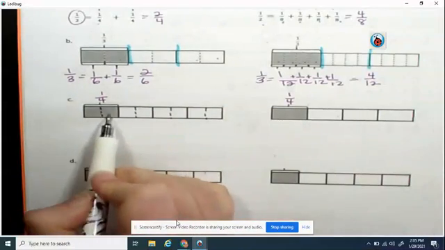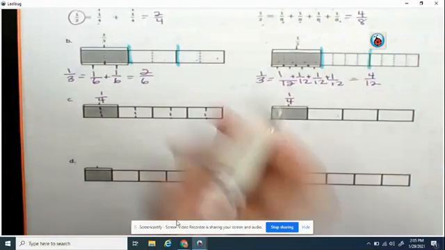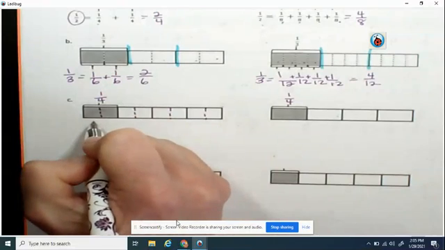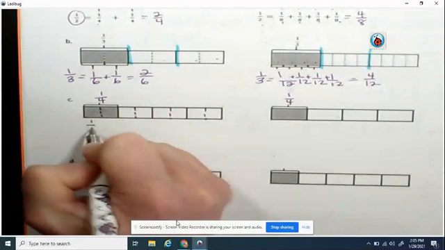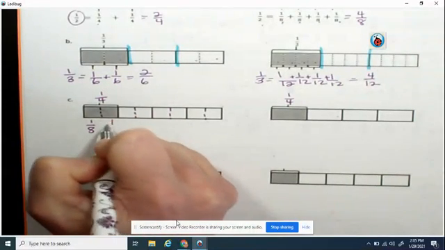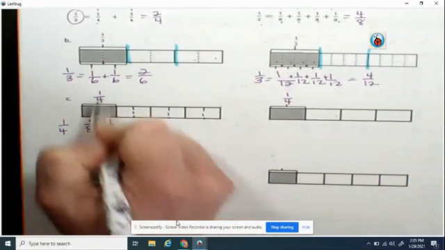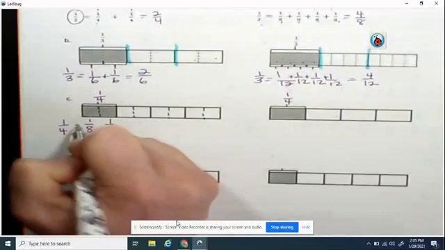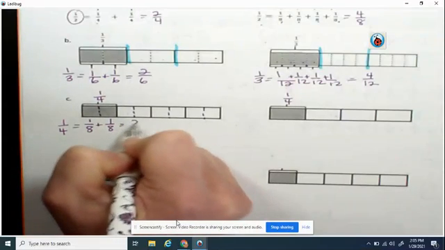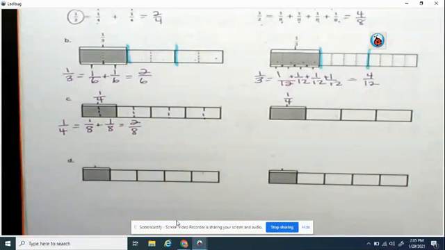We're gonna have 1, 2, 3, 4, 5, 6, 7, 8. So basically we just doubled the fourths, okay? So this would be 1/8, and this would be 1/8, okay? So 1/4 is equivalent to, or the same, this shaded part is the same as 1/8 plus 1/8, or it's equivalent to 2/8. They're the same piece or the same part. They're the same amount shaded.